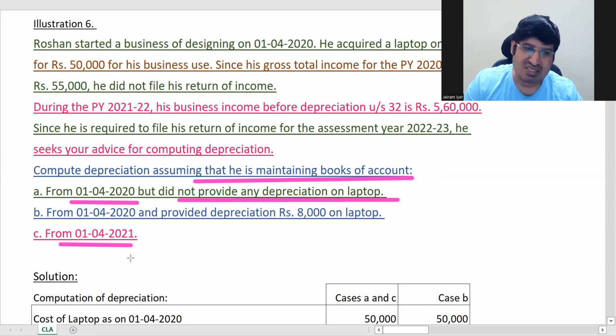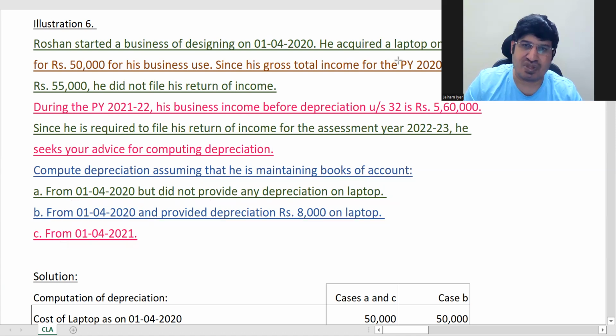So in both these cases A and C, there is no depreciation in 2021. 2021 में depreciation 0 है. So computation will be same for A and C. But for B, you will have to take whatever depreciation he has provided. Take 8,000 as it is. Okay. So इसको कैसे करेंगे?